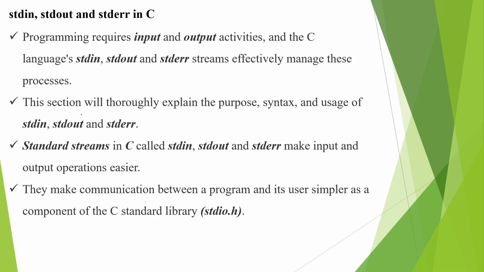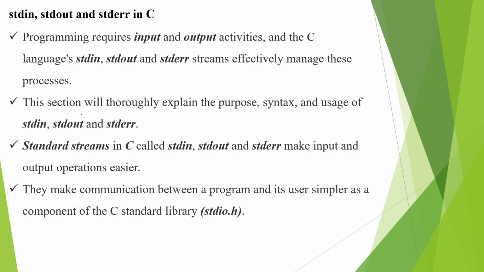Here we thoroughly discuss what these streams are, what is the purpose of these streams, and what will be the syntax and usage of these three streams: standard input, standard output, and standard error. Standard streams in C, there are three: standard in, standard out, and standard error. They make input and output operations easier.